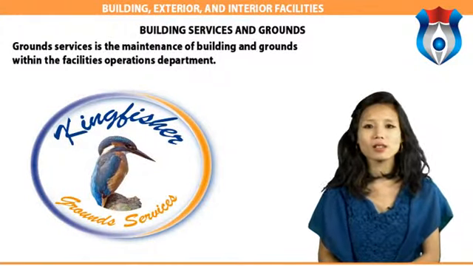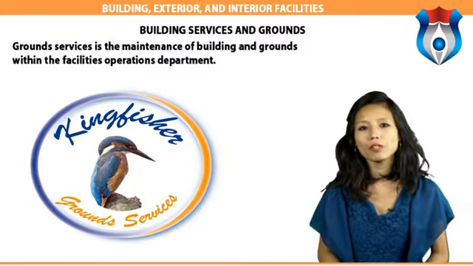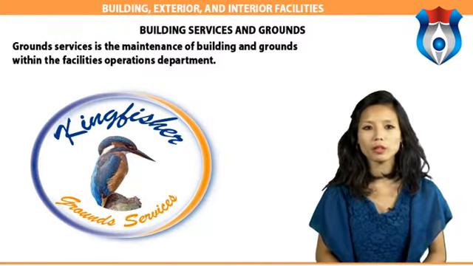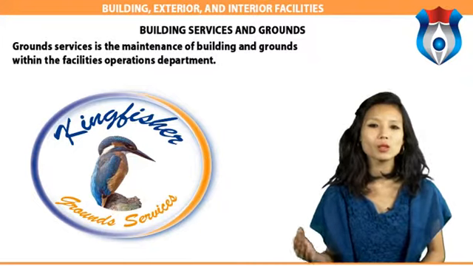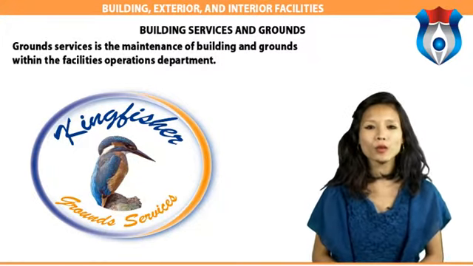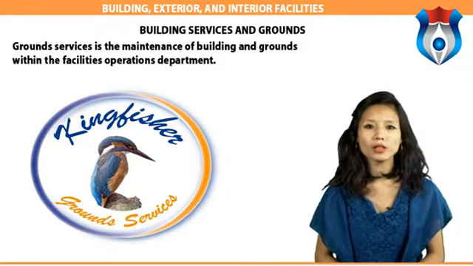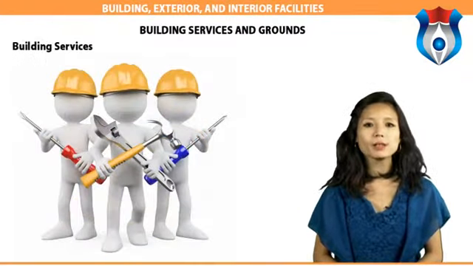Let us now discuss the building services and grounds. Ground services is the maintenance of building and grounds within a facilities operation department. The Buildings and Grounds Department is responsible for the planning, operating, maintenance, renovation and new construction of buildings, roads, grounds and utilities. Building services.